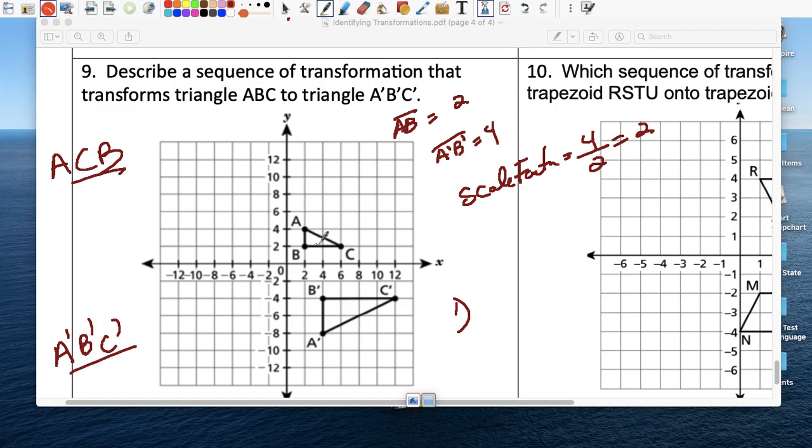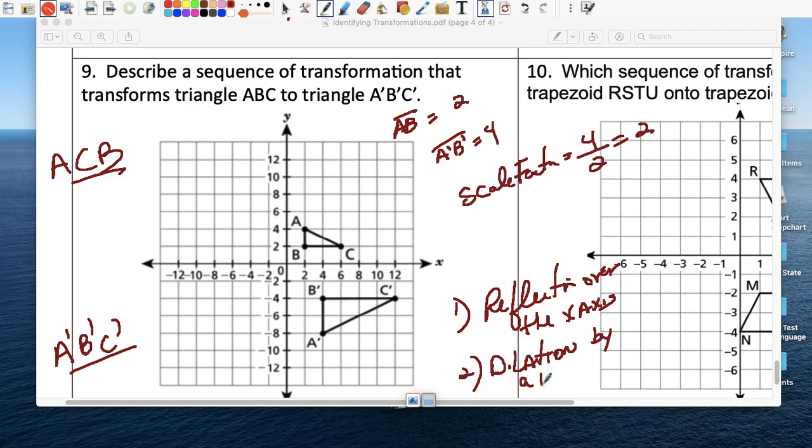So what we're going to do first is reflect it over the x-axis, and then dilate by a factor of 2.